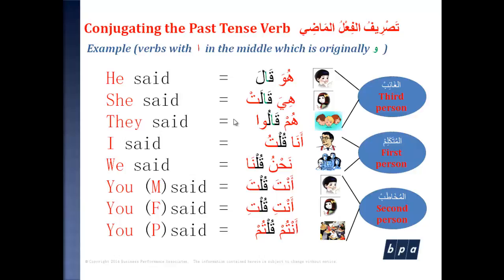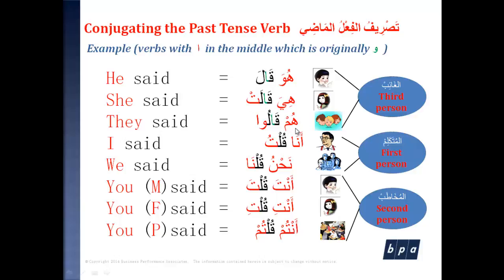It has that form. So here again, qala, he said, huwa qala. I indicated the two main letters in black, and the vowel is in green. When we go to hiya, qalat. This is just accomplished by adding the ta with a sukoon at the end.